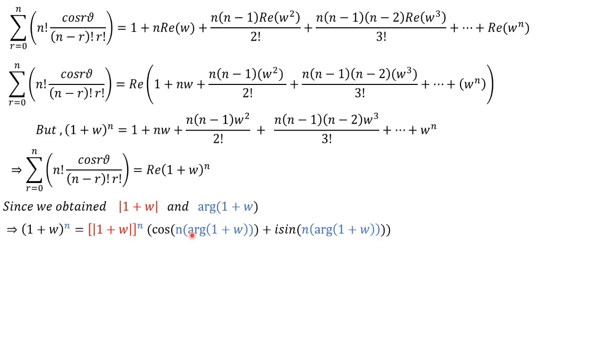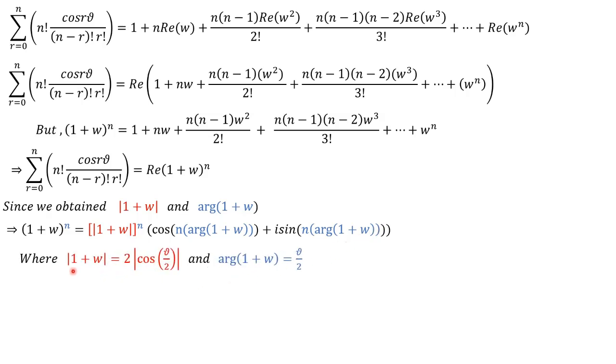But remember, I have this raised to the power n, so I must include it everywhere: r raised to the power n, where r is the modulus of 1 plus omega, times cos n theta, where theta is the argument of 1 plus omega, plus i sin n times the argument of 1 plus omega.